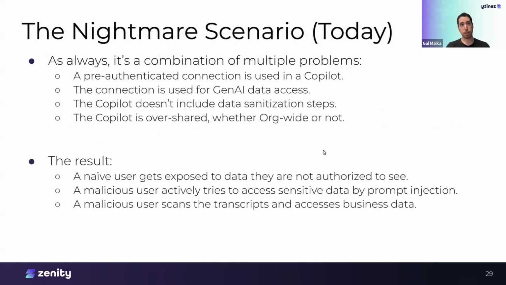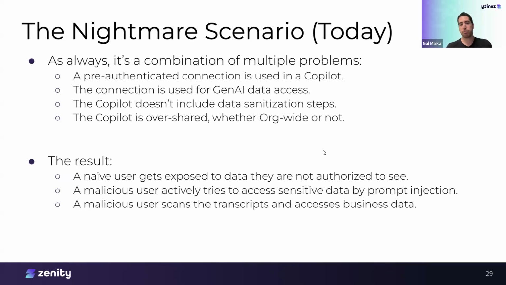So just to sum up this part, let's talk about a nightmare scenario of today and tomorrow. Today, security incidents are probably a combination of multiple problems. We can think about a pre-authenticated connection that is used with the Copilot. The Copilot is, of course, used to fetch some data and reply back with generative AI.